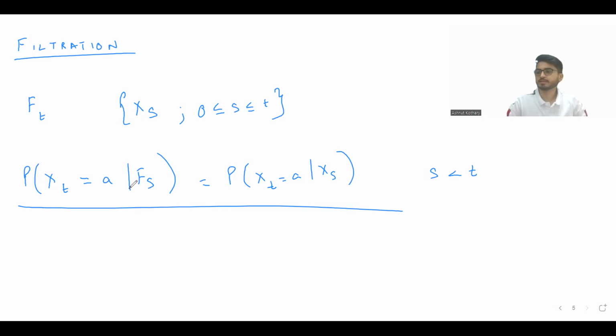Third, Poisson process. Fourth, compound Poisson process. Fifth, time series. Sixth, general random walk. Seventh, simple random walk.